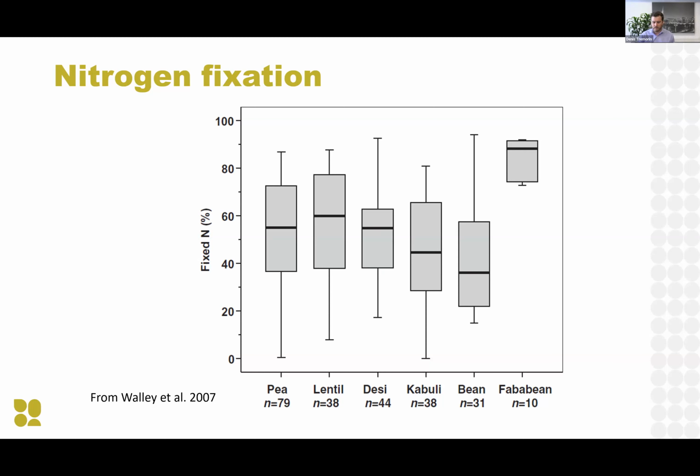Dry bean is not a very effective nitrogen fixer compared to these other crops, and that's why we actually fertilize dry beans today. So not all pulses are created equal in that sense, but really at the end of the day, chickpea, lentil, pea, and faba bean are all crops that, if inoculated, don't require any nitrogen fertilizer. They can fix all the nitrogen they need to produce a big crop if the conditions are good.